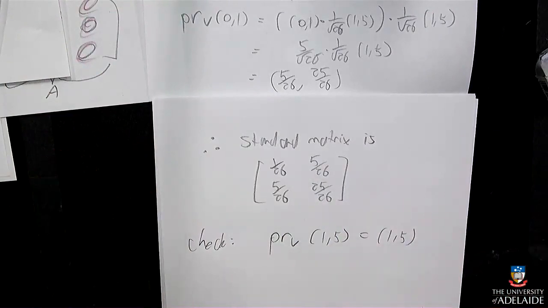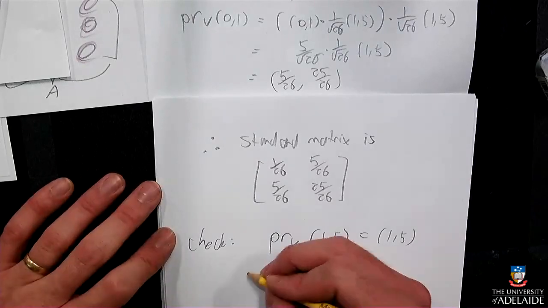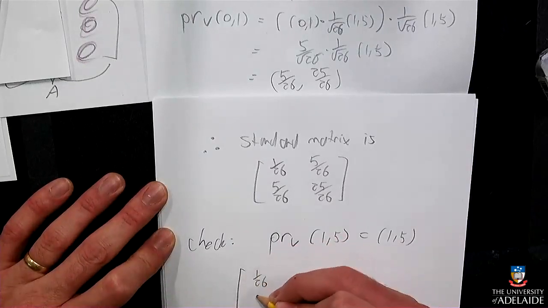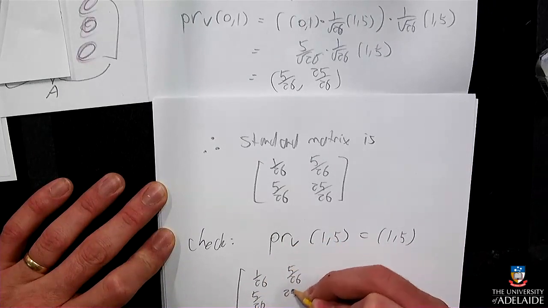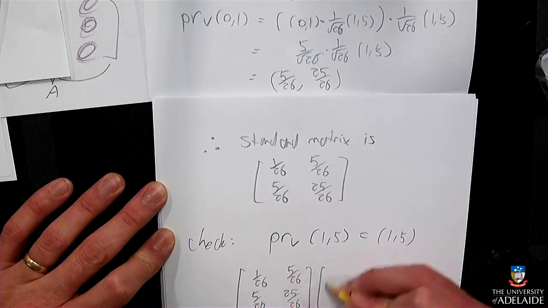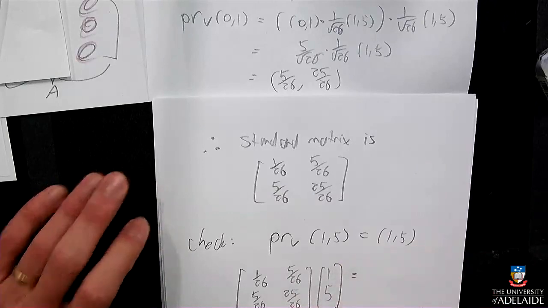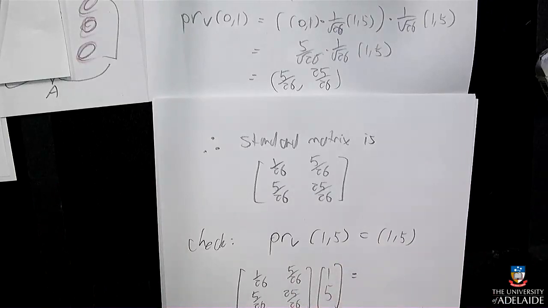Because it's already in the subspace, so when I do the projection, nothing happens. So this should come out to (1, 5) if we've done it right. So let's just see what happens.